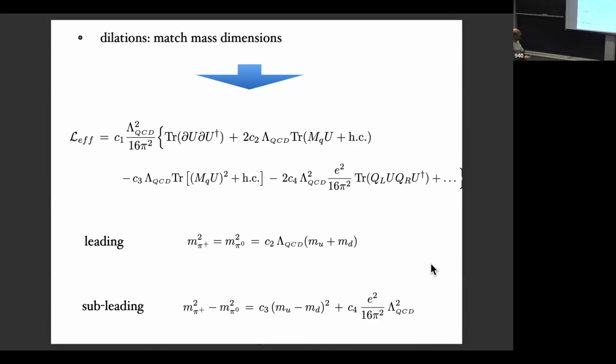But then, if you go to subleading order, at this order pi plus and pi 0 have the same mass, and the splitting only comes from the higher order. And it comes from these two terms, okay? One term which depends on MQ, and one term that depends on alpha. So MQ and alpha, from the point of view of the physics that we understand right now, are completely independent parameters.